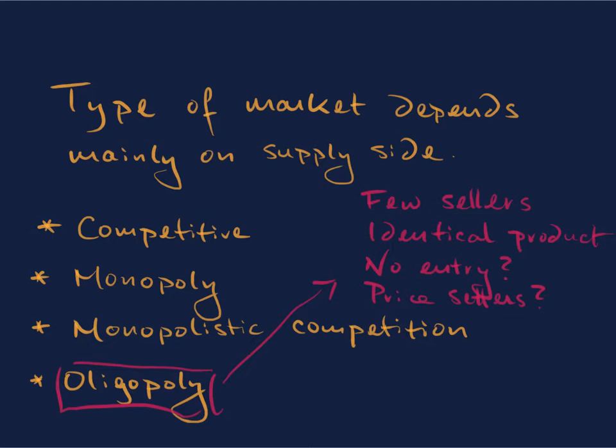So we have a few sellers of these tickets, essentially an identical product in the airline industry. Now, a couple other things here. There might be barriers to entering or exiting the market, or there might be other reasons why an oligopoly naturally forms. Also, when we come to oligopoly, I'll talk about whether they are price setters.